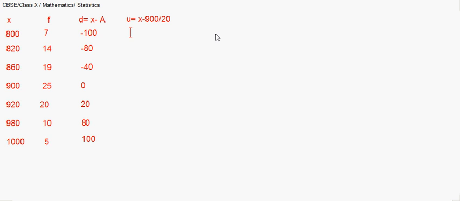Minus 100 by 20, so it is minus 5. And then if I calculate x minus a, it is minus 80 by 20, minus 4. So this can actually be written now as d by h.